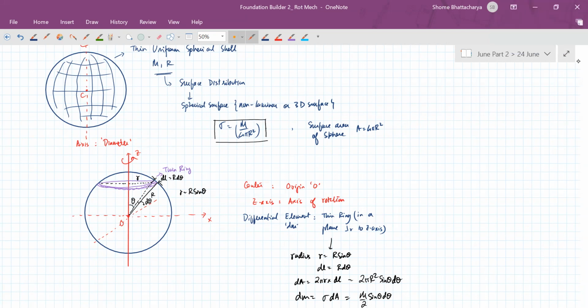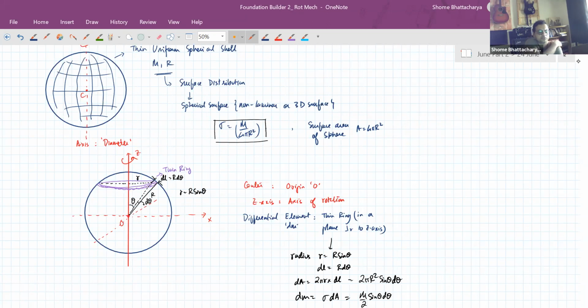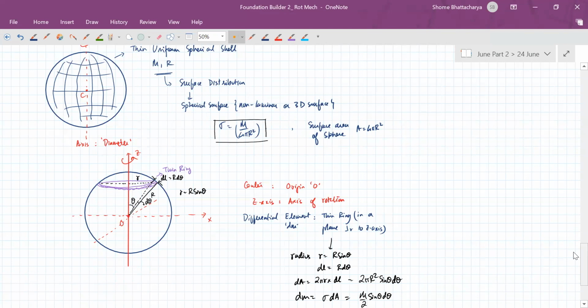If you take it with respect to the x-axis, then my limit will be from minus 90 to plus 90. And I have taken from the z-axis, so my limit will be from 0 to 180. But the final solution that you get for the integration will be the same. You're following? Yes, sir. Okay. So just note down up to here first.